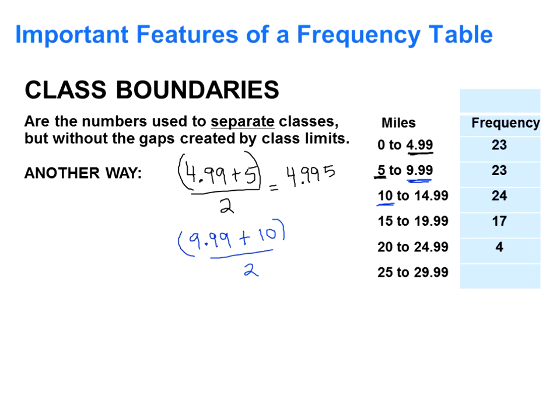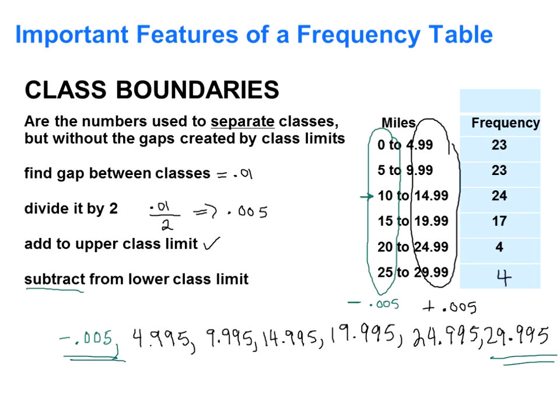And then the next one would give you 9.995. Now let's go back and see if these are numbers we already got. Okay, there it is, see? So we have 4.995 and 9.995. So you see how you start getting the boundaries if you do it this other way?